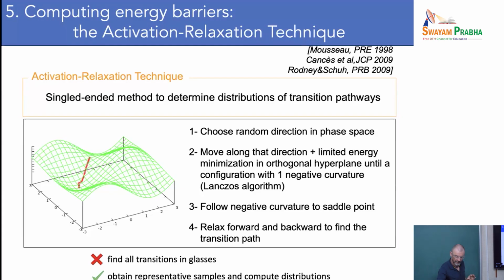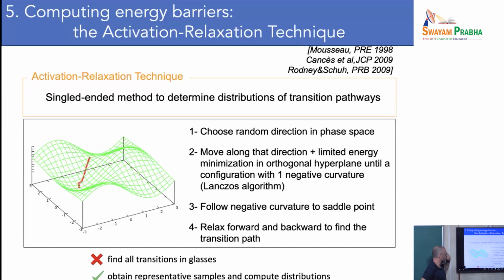This method is called a single-ended method, because for it to work, you only need to know the initial configuration, which has to be a local energy minimum in the potential energy landscape of the system.